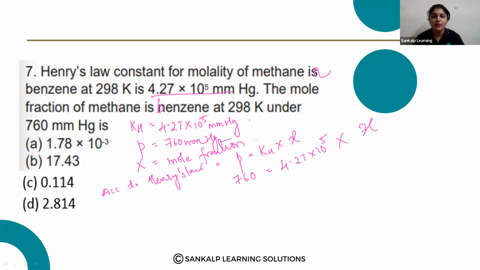We have to calculate the mole fraction of methane. So we can keep the mole fraction on one side and take 760 divided by 4.27 into 10 raised to 5. See what answer you are getting. 760 divided by 4.27, just do that.